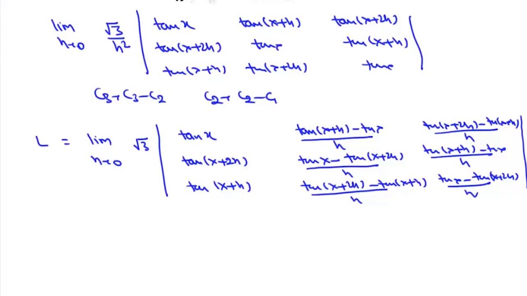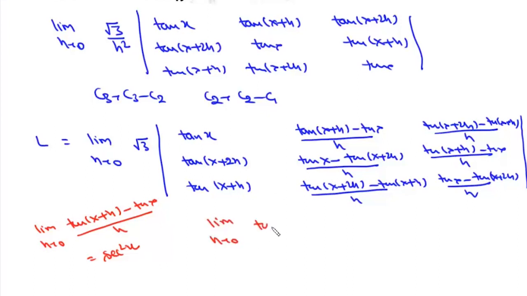Now if you look at these limits, now this limit h tends to 0, tan x plus h minus tan x upon h. This is 0 upon 0 form. If we differentiate this, we'll get this as secant square x. And the second limit h tends to 0, tan x minus tan x plus 2h upon h, which again is 0 upon 0 form.